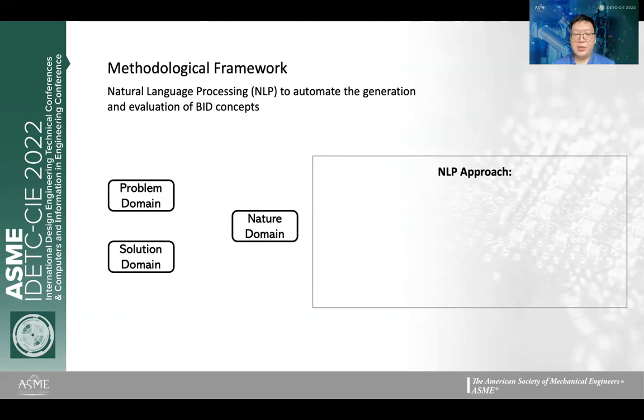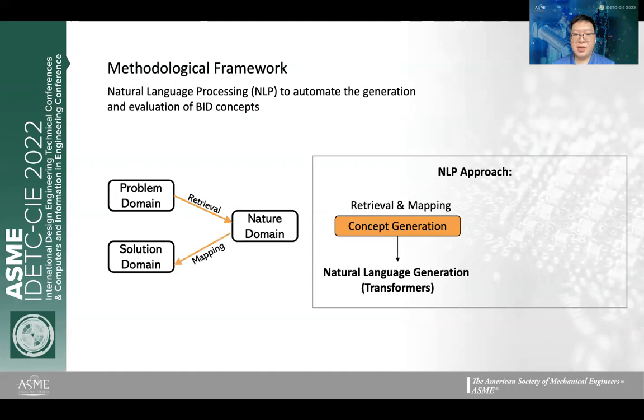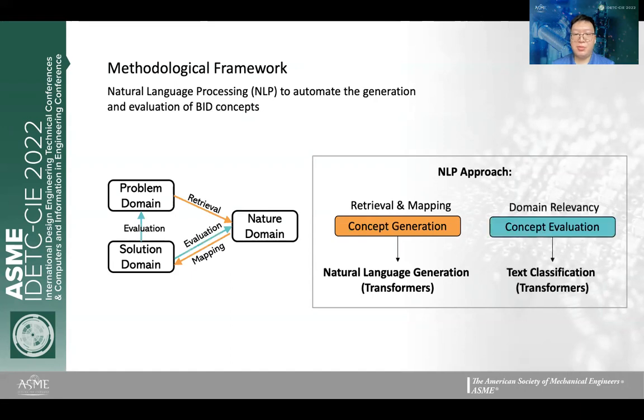The concept generation is empowered by natural language generation that retrieves biological systems and transfers them into novel solutions. The evaluation assesses if the mappings between domains are strongly established using trained text classifiers.